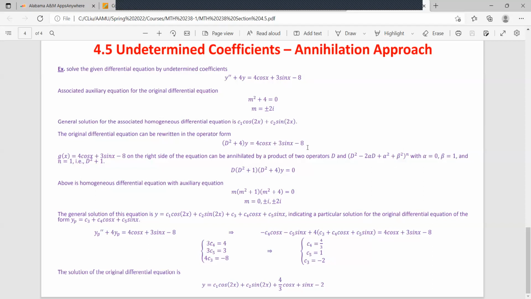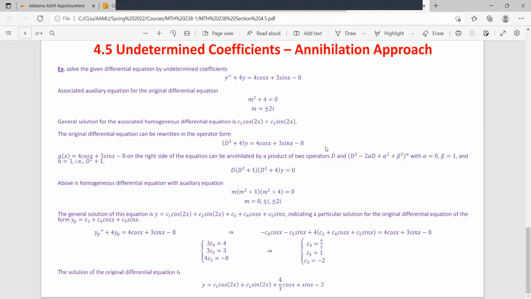So you just do it one by one. For example, the number 8 can be annihilated by operator D, the first derivative, because when you take the derivative of a constant, you get 0. If you have a polynomial in here, then you have to use higher order operators or different derivatives. We discussed those rules last time.